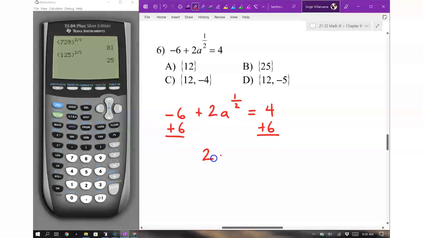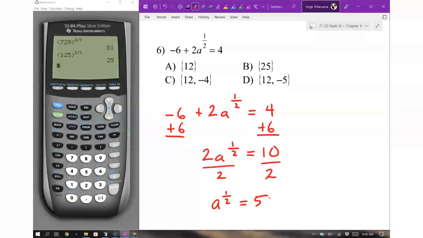I get 2a to the half is equal to 10. Now I need that variable with that fractional power to be all by itself. I want to get rid of that 2 in front of it. So what do I do to both sides? Divide by 2. So I get a to the half is equal to 5.